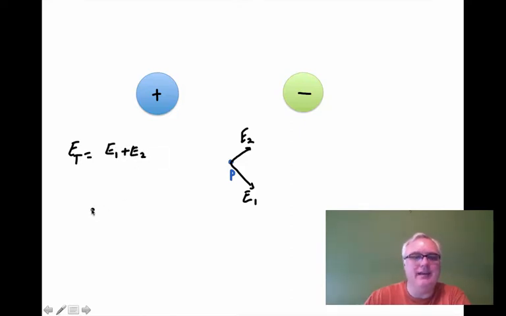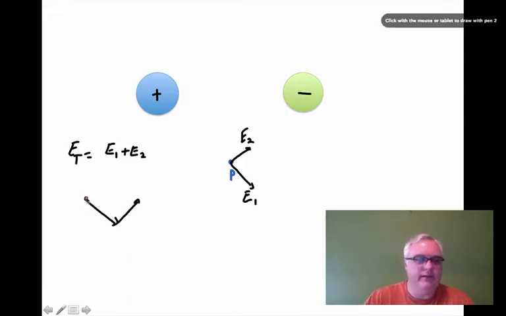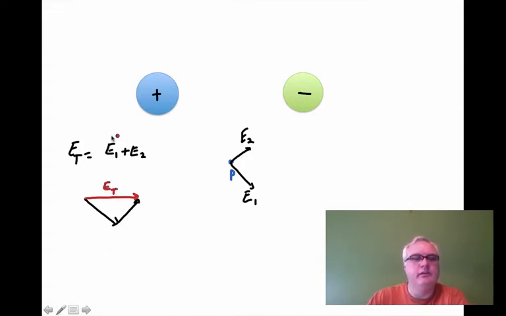You're going to create basically a vector diagram to find the net electric field. So using our equation for the electric field, find the magnitude for each of these vectors and then add them together to find the total electric field.